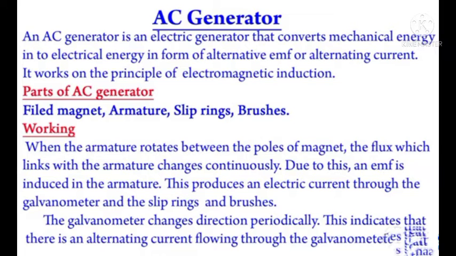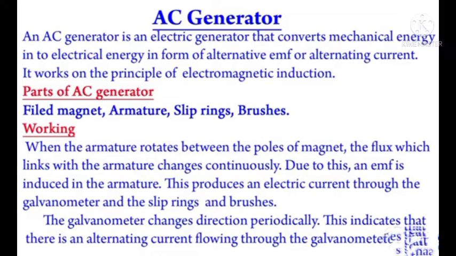How does an AC generator work? When the armature rotates between the poles of the magnet, the flux linked with the armature changes continuously. Due to this, an EMF is induced in the armature.